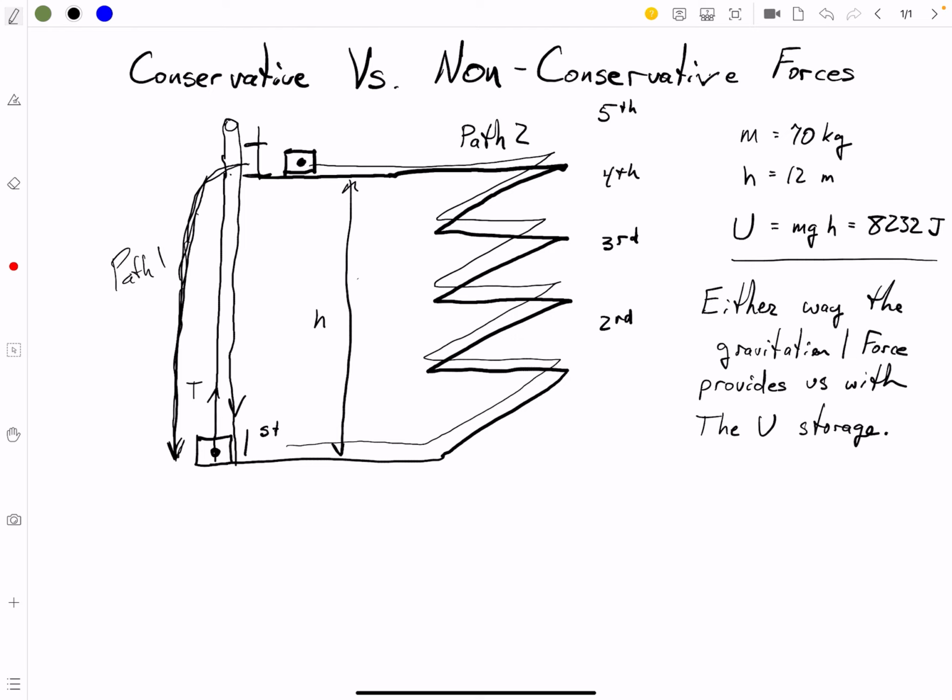But a lot of the times people decide which path they're going to take based on the amount of work lost to friction. Which way do you think is going to have more friction? I'm just going to tell you, I think path 2 friction is greater than path 1 friction.